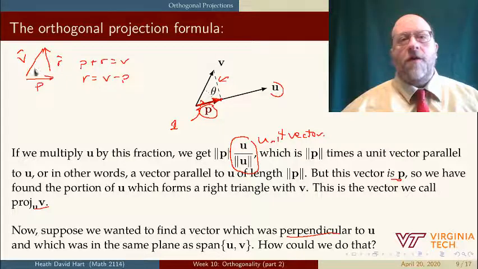So we take the vector that we have and subtract the projection from it, and instead of the vector that's underneath v, we get the vector that's perpendicular, the other leg of the triangle.